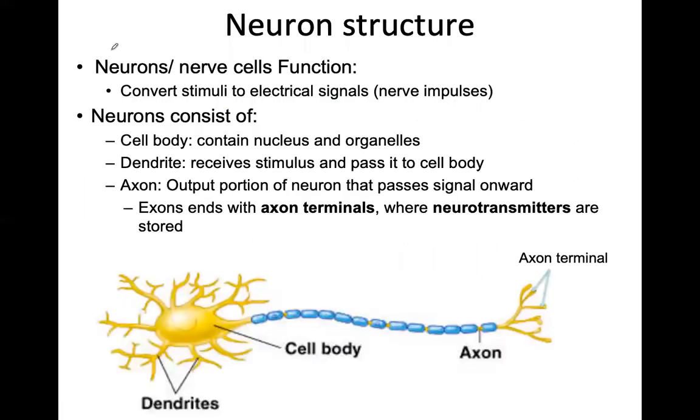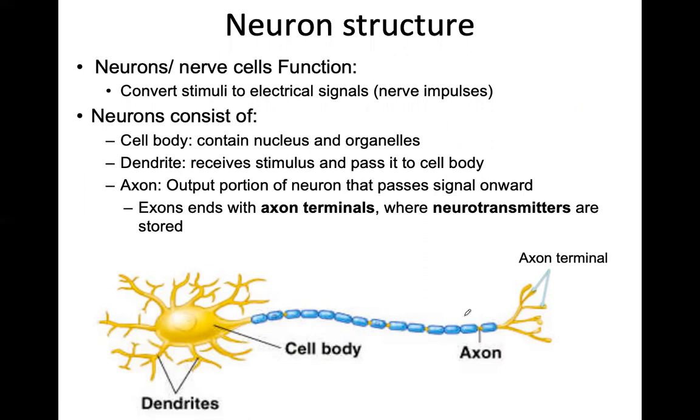I'm not going to spend a significant amount of time on this. This is more of a review rather than getting to know the structure of the neuron from the beginning. We know neurons create electrical impulses, or action potentials. Well, they actually create graded potentials and action potentials.